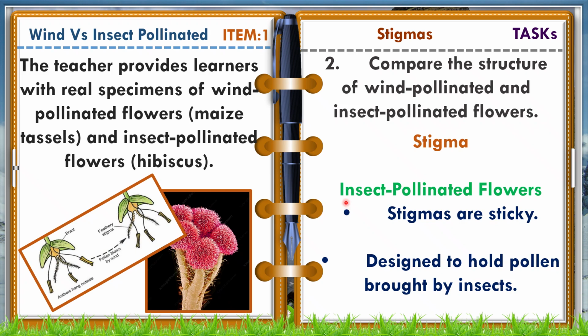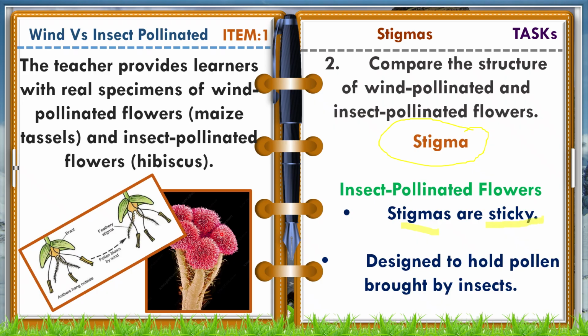Now we are moving to insect-pollinated flowers. And what do we want to look at? We want to look at the stigma. So when we come to insect-pollinated flowers, this is our insect-pollinated flower and this is the stigma. So all the stigmas are sticky.